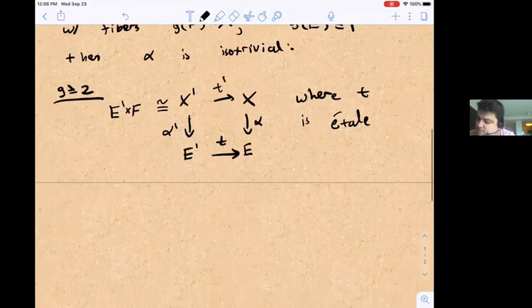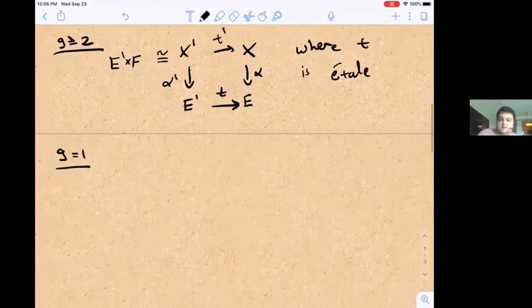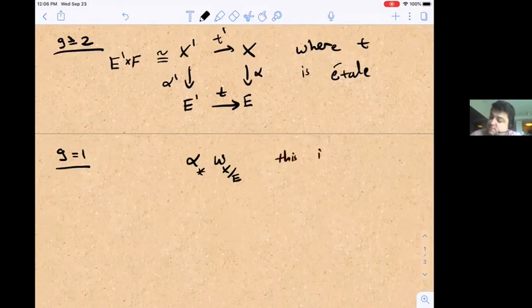And then in the genus 1 case, we have a slightly weaker statement, which says that the relative canonical looks like it's a product. So in this case, we take the push forward of omega X over E, and then the claim is that this is a torsion line bundle.